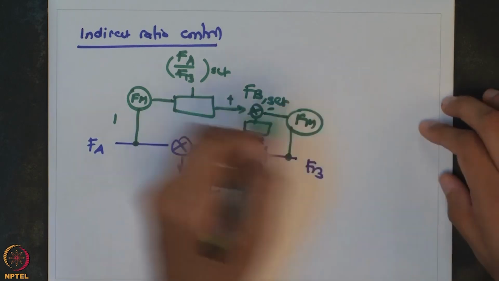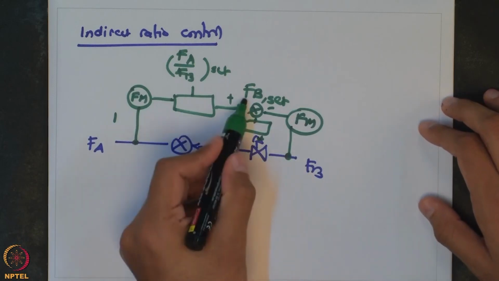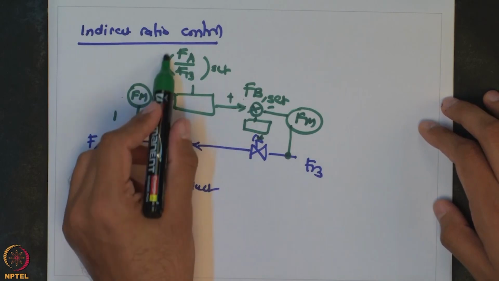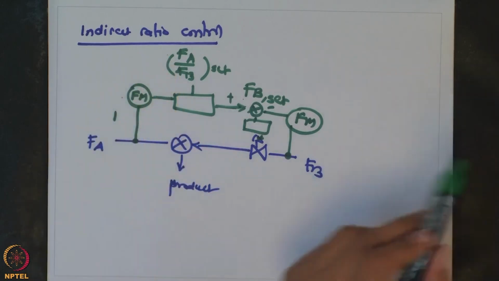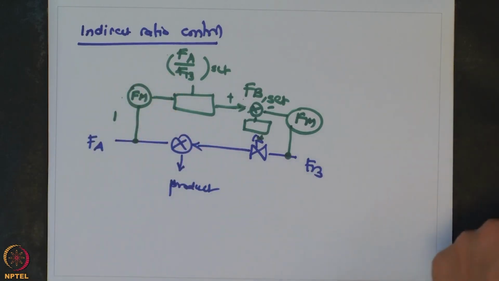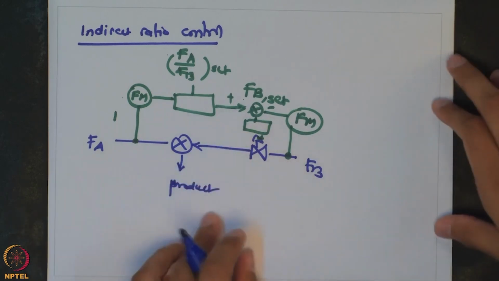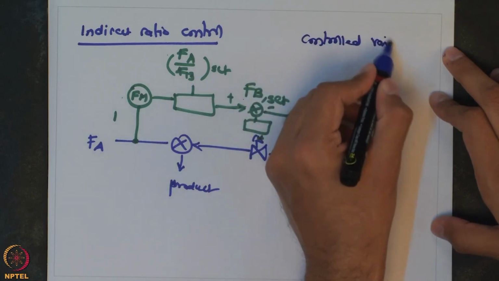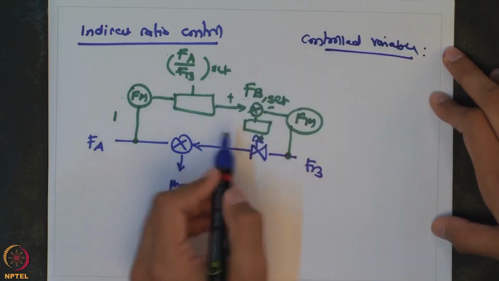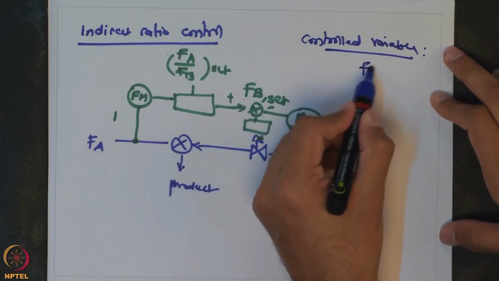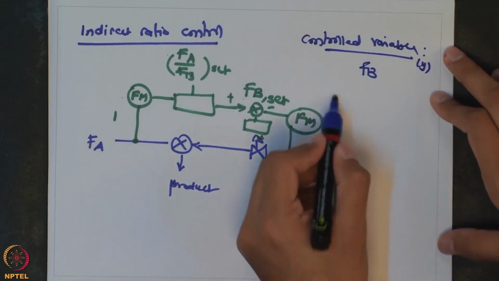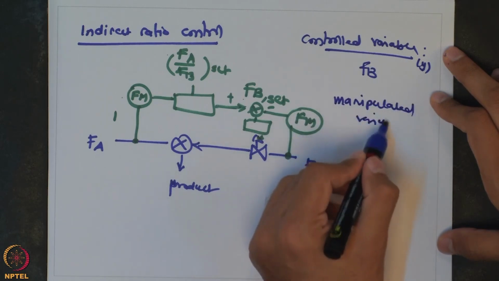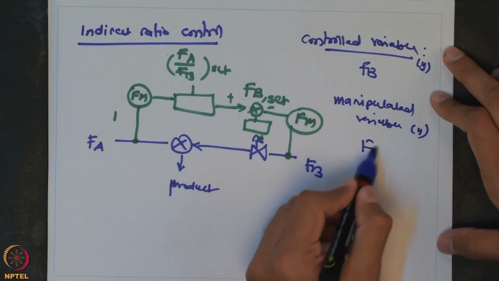So you are indirectly controlling the ratio, because as long as FB is maintained at FB set, my ratio of FA over FB will be equal to FA over FB set. The advantage of this strategy is that if you look at the controlled variable, I am going to control flow rate FB, so the controlled variable Y is FB and your manipulated variable U is also FB.